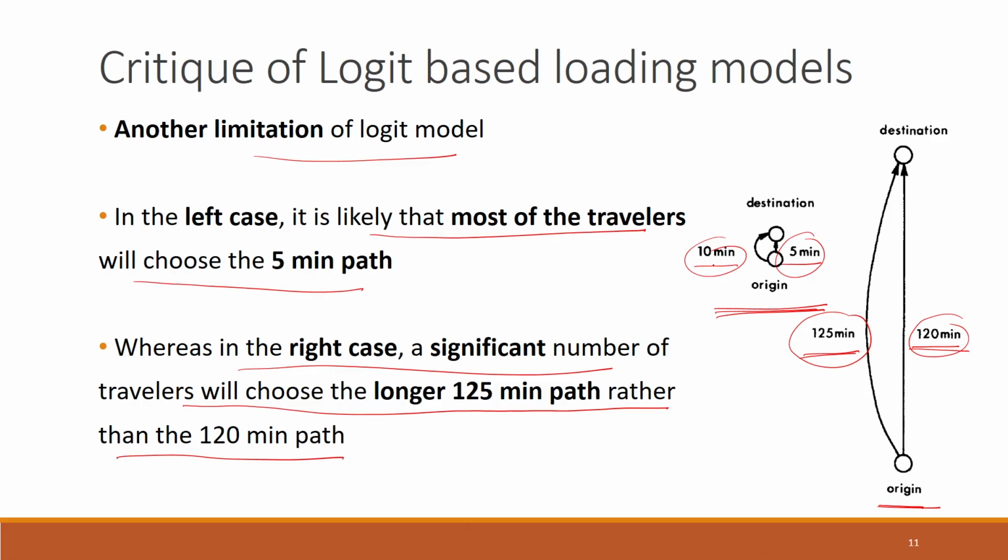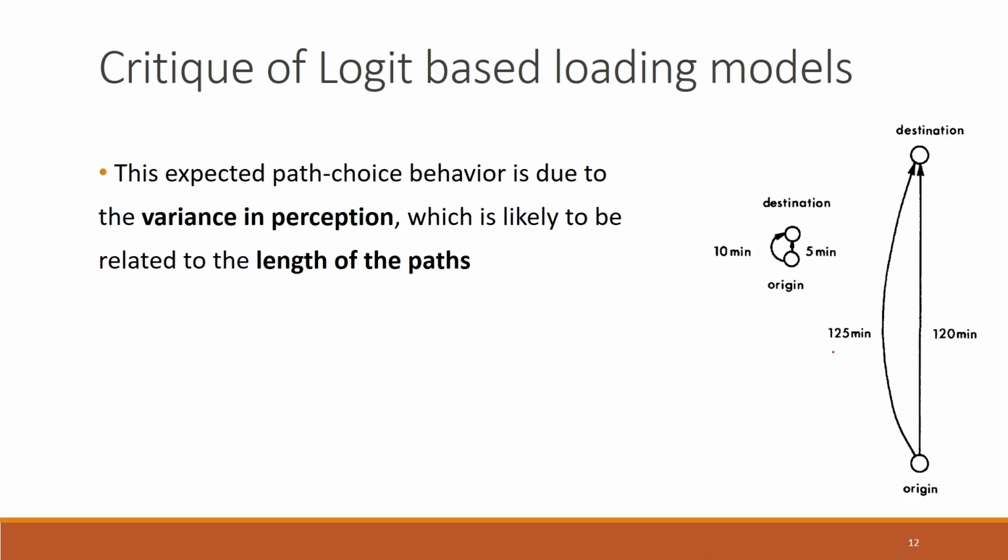That is, in terms of perception of the travel time, there will be less variance when they are comparing this 5-minute path versus 10-minute path, whereas that perception variance will be higher when they are comparing 120-minute path versus 125-minute path. So this is what is being said, this expected path choice behavior is due to the variance in perception, which is likely to be related to the length of the paths.